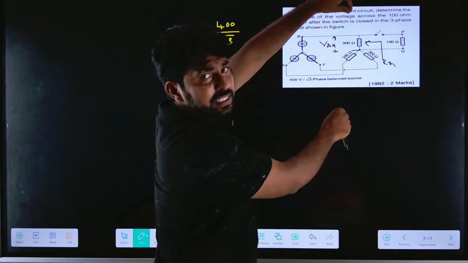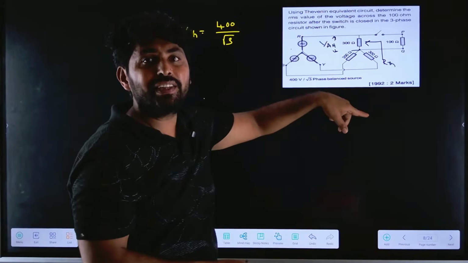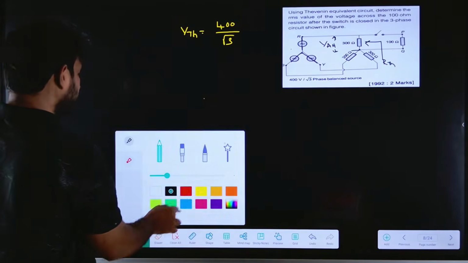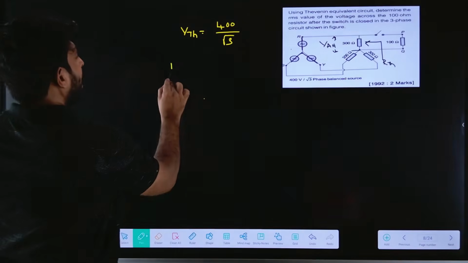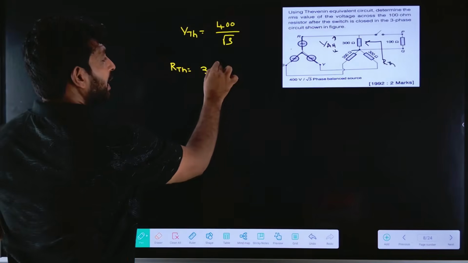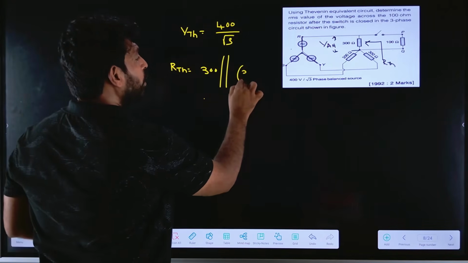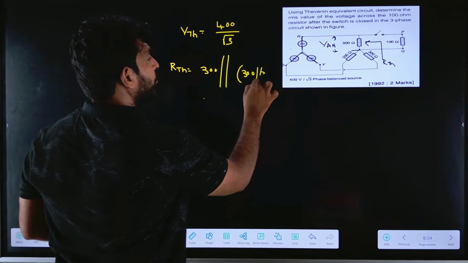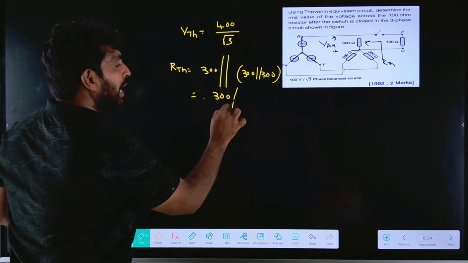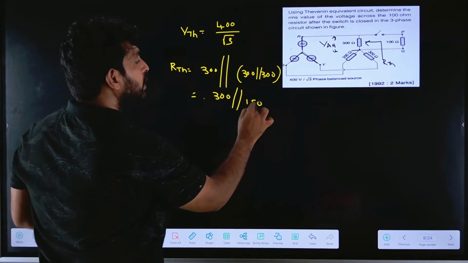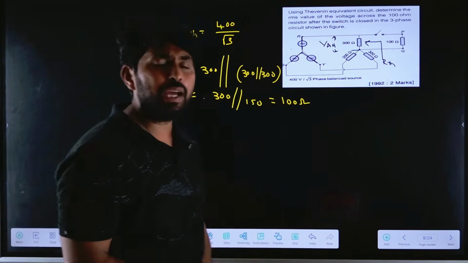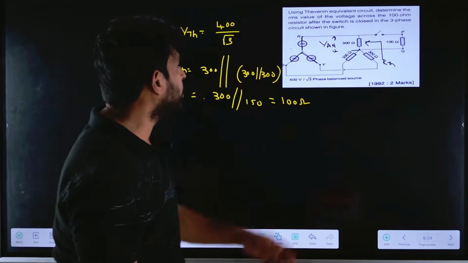If we expand this, RTH equals 300 in parallel with the parallel combination of 300 and 300, which is 300 in parallel with 150. That is 300 into 150 divided by 300 plus 150, which is equal to 100 ohms.